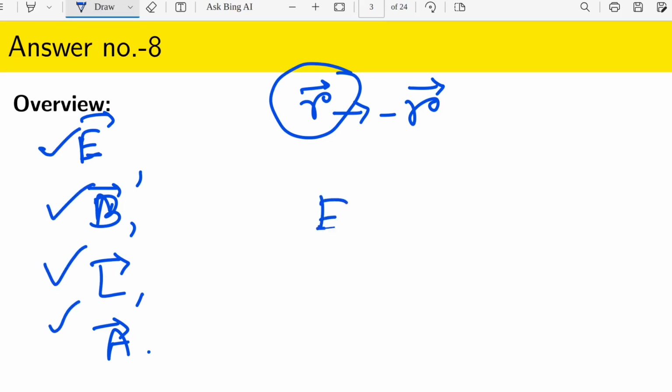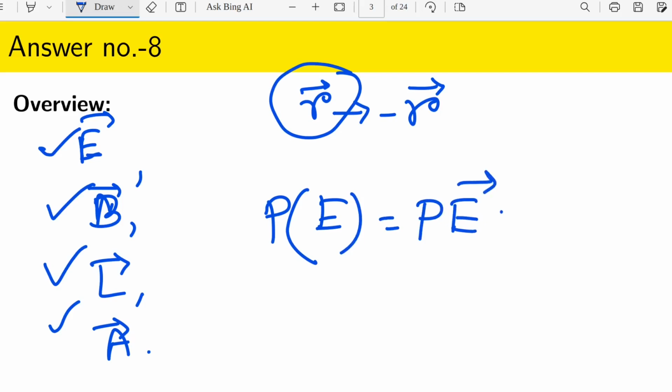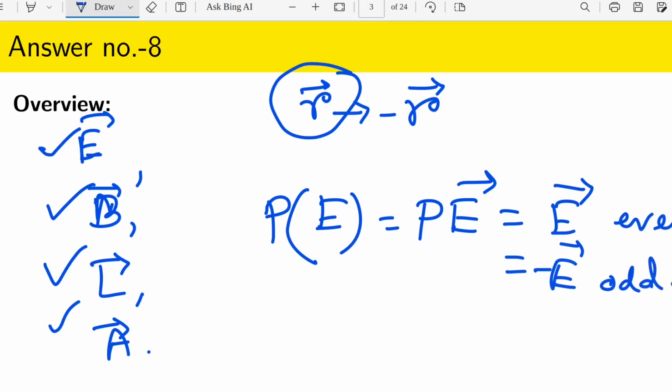Let's say I am going to write here parity of E. Parity of E means we are going to impose parity on the E vector. Then what will happen? If it is the E vector itself, then it is even parity. If it is minus E vector, then it is odd under parity. That is the main thing.